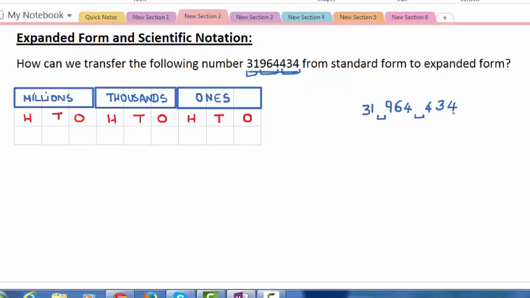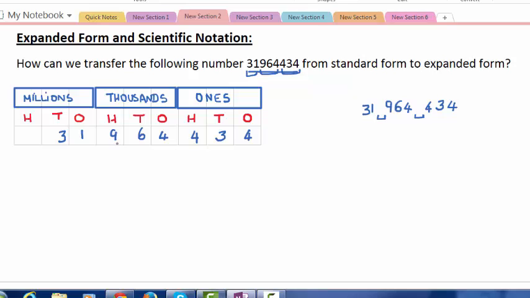So let's start from the beginning, 434, then 469, then 13. Now it's easy for us to read this number. The first 3 is under the 10, so it's not 3, it's 30. So 31 million.